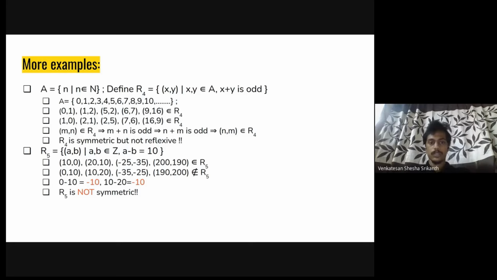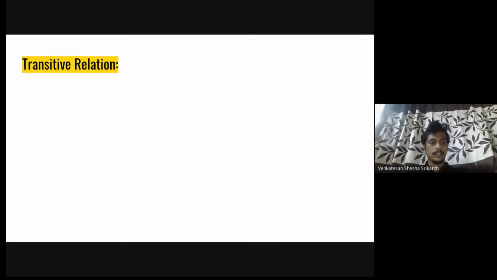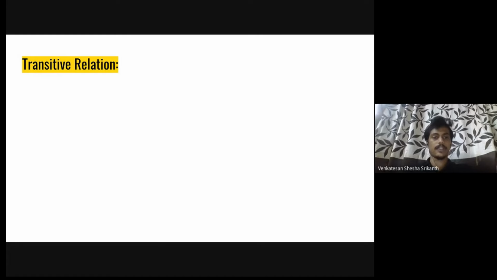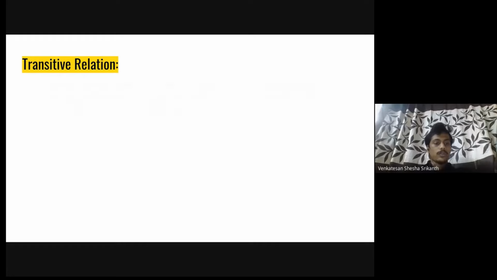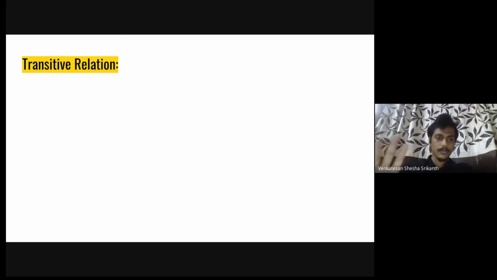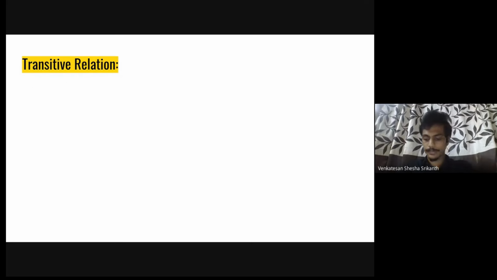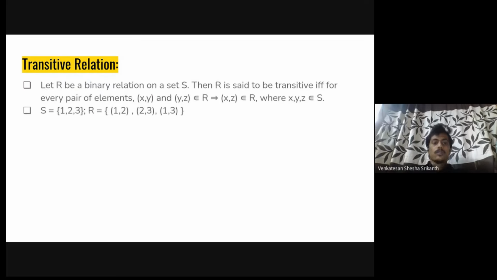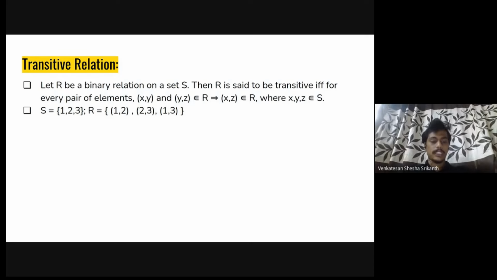Right? So these are some examples of symmetric relation, and let's see the most confusing relation, which is transitive relation. So what exactly does transitive relation tell us?